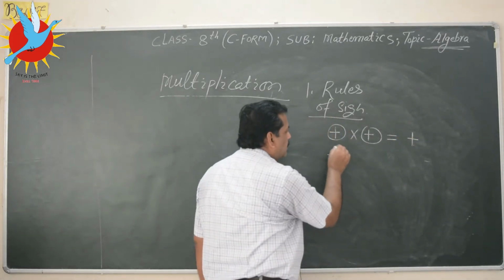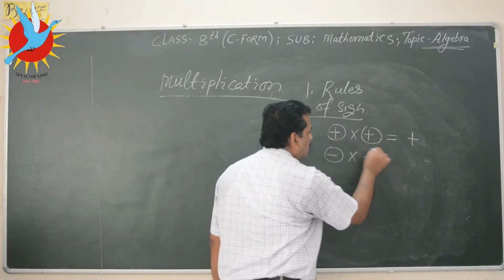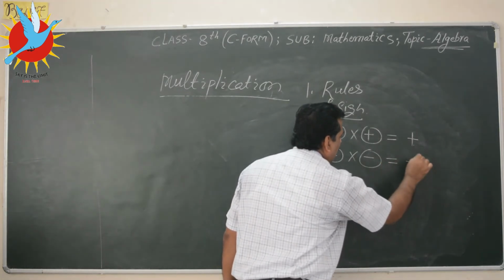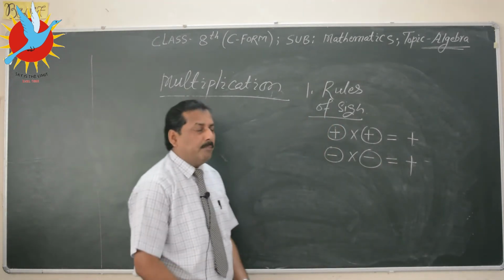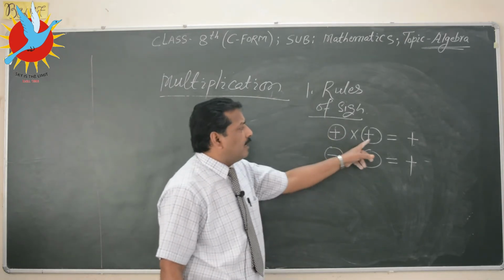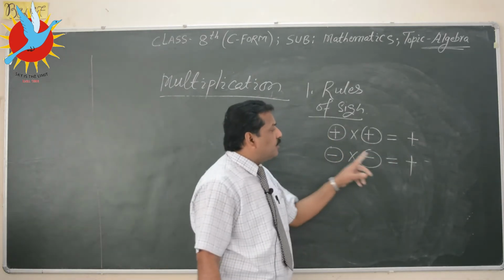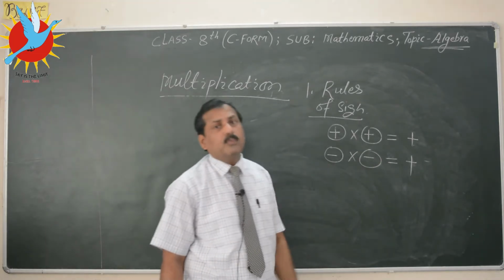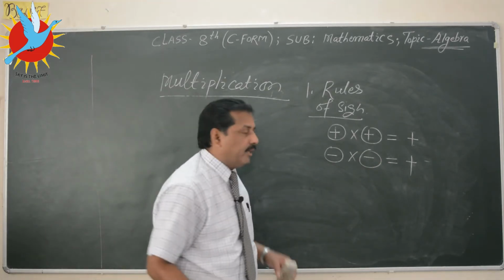If minus is multiplied by minus, the answer is plus. So remember it. Plus into plus is plus. Minus into minus is also plus. That is the rule of multiplication. You have to remember it.